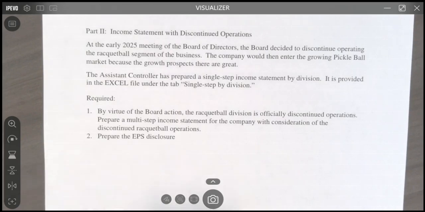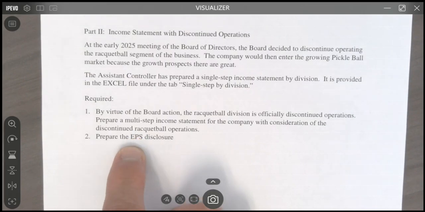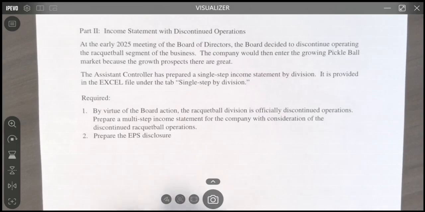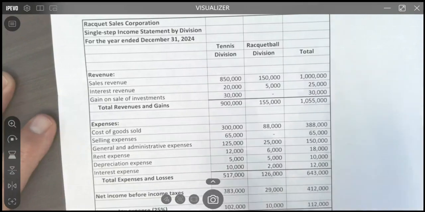We are going to prepare the discontinued operations segment of an income statement, and while we're at it, we'll show what the earnings per share disclosure would look like. I previewed it in an addendum.